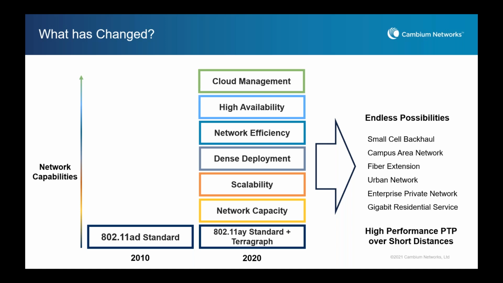We kind of look at this as a new kind of utility or infrastructure that you can build out anywhere that you would want to connect 2 points, and where you might consider trenching a fiber. You can look at this as an alternative because it gives you those fiber-like speeds, but you can deploy them much more quickly and efficiently. So you don't have to dig trenches through the ground, and you can get these services up and on the air in a matter of hours rather than waiting weeks or months for the fiber to be deployed.